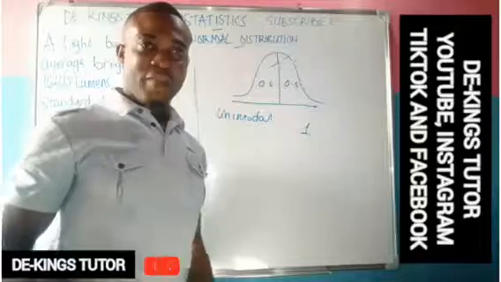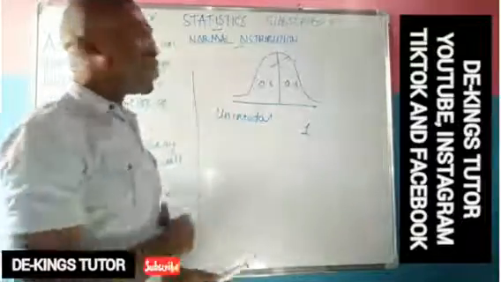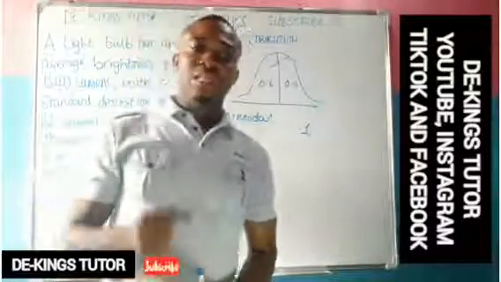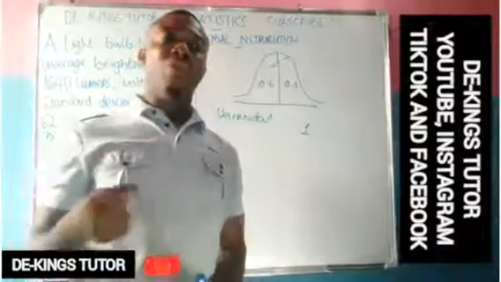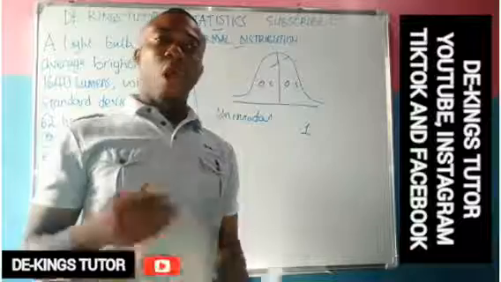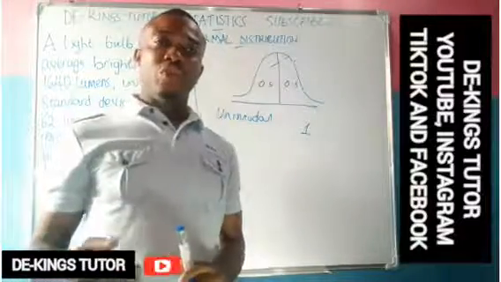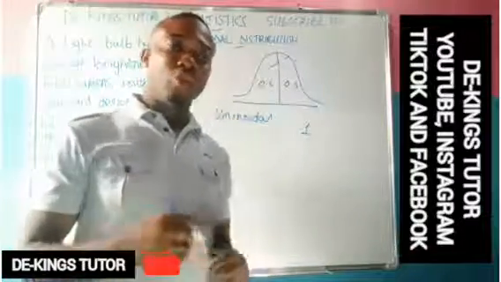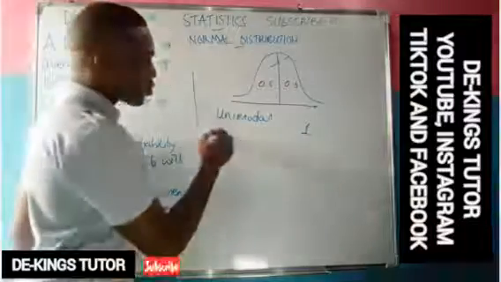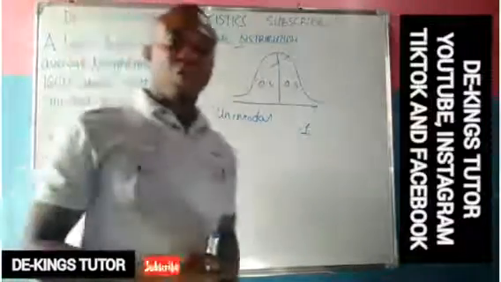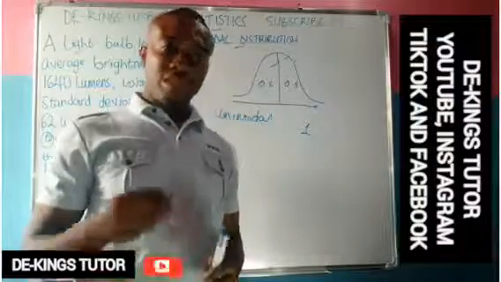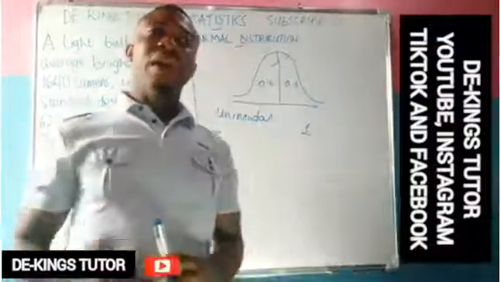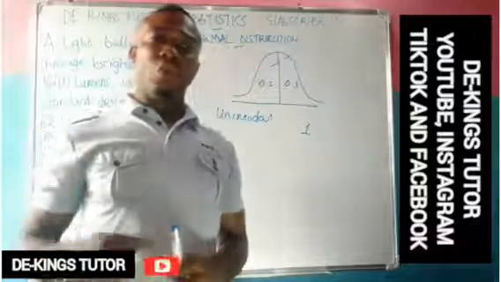That is the area. Now whenever you're given a question on normal distribution, it's advisable to convert it to what we call the standard normal distribution or the Z distribution. The standard normal distribution, also known as the Z distribution, is a distribution that makes the mean equal to 0 and the standard deviation equal to 1.